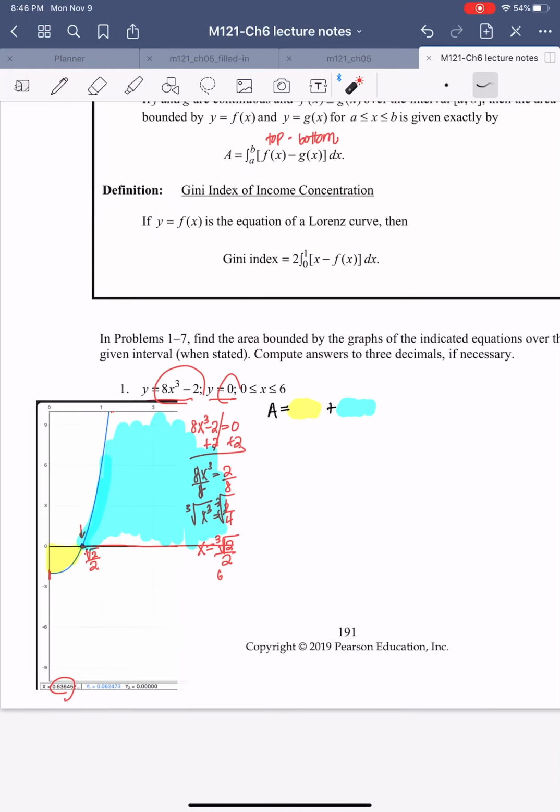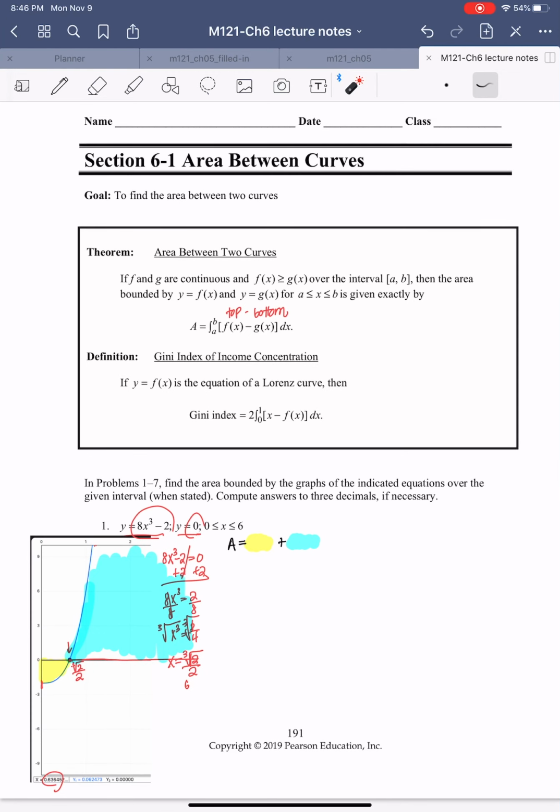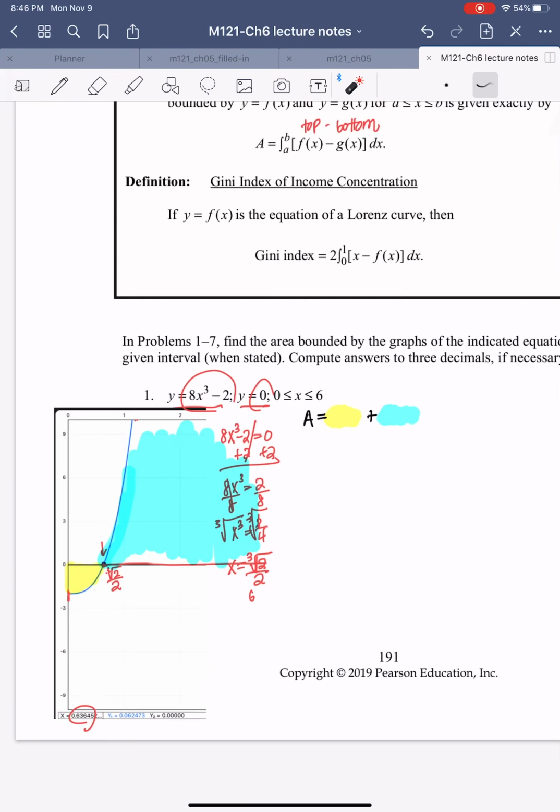Whenever you are setting up the equation like this, my recommendation is pull out a graphing calculator, graph the two functions, and identify which one is top and bottom. Sometimes one of them is consistent, so you don't have to add them up. This time, you have to do it separately because the top function switches, and this happens often.